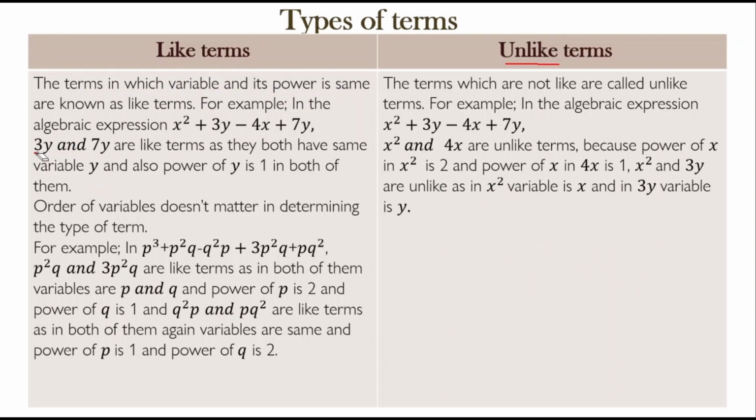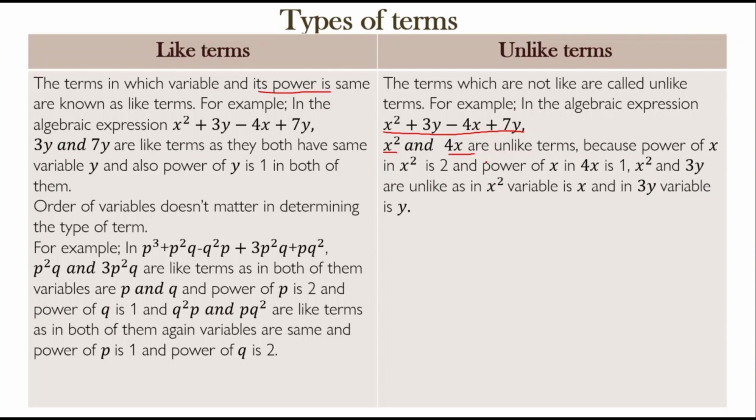Right? Now, unlike terms. The terms which are not like are called unlike terms. For example, again in the expression x squared plus 3y minus 4x plus 7y, x square and 4x are unlike terms. Why? No doubt the variables are the same, but the second condition is not getting satisfied.